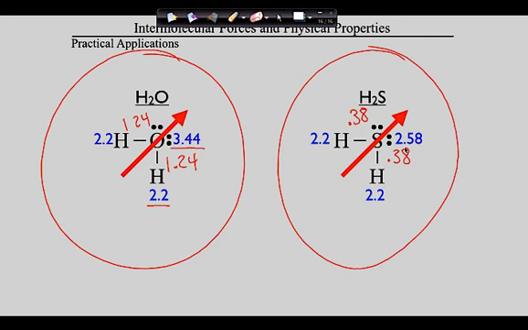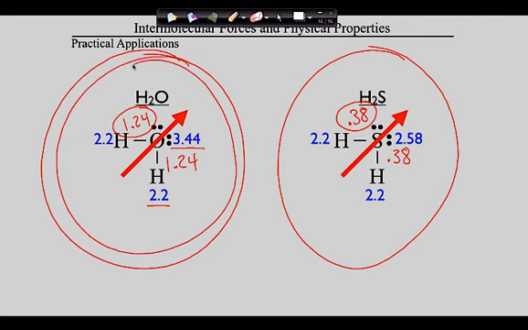So the bonds in water have a polarity of about 1.24, the difference in electronegativities, while hydrogen sulfide's is 0.38. What that means is that the bonds inside the water molecule are more polar, making water more polar. So water is more polar and H2S is less polar compared to one another.